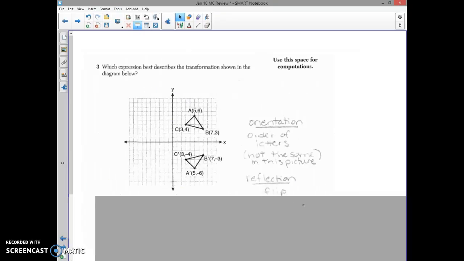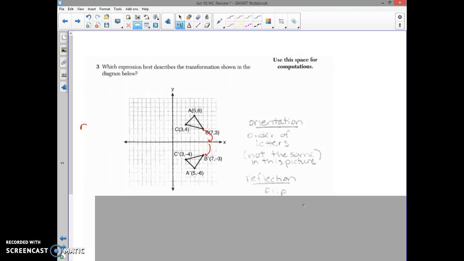Okay, number 3. Got a nice transformation question here. First thing I did when I looked at this is try to ask myself what type of transformation this was. And it looked like this was a reflection over the x-axis.